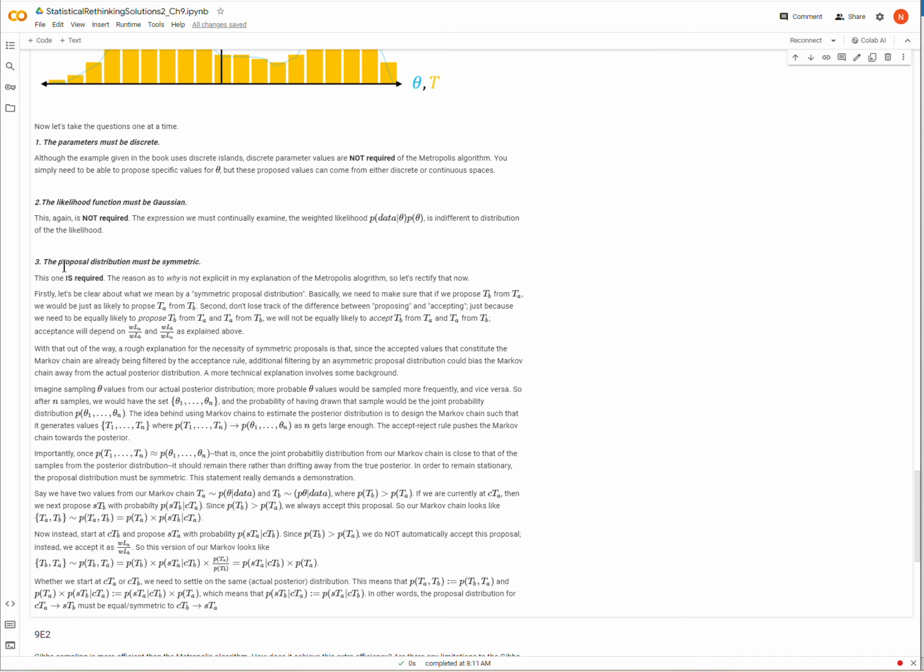Finally, possible requirement 3. The proposal distribution must be symmetric. Okay, so this one is required, but explaining why it's required will itself require a little bit of explanation. So first, what is meant by a symmetric proposal distribution?